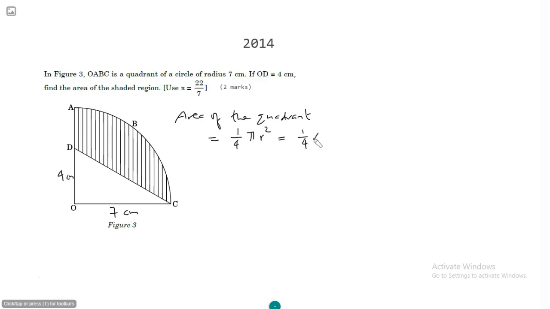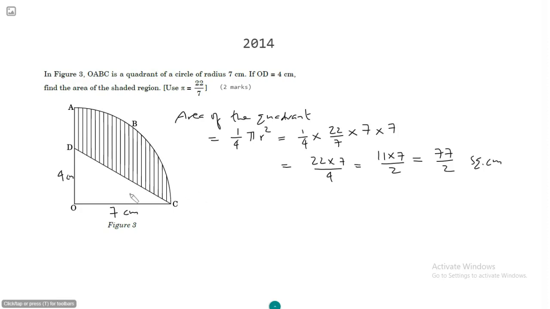That's 1 by 4 into pi is 22 by 7 in this question, into r square is 7 squared, right? So if you do that, you'll get 22 into 7 by 4 or 11 into 7 by 2. That's 77 by 2 square centimeters.